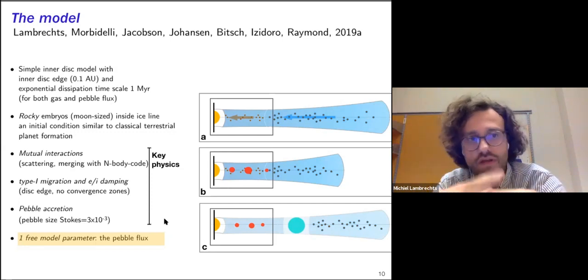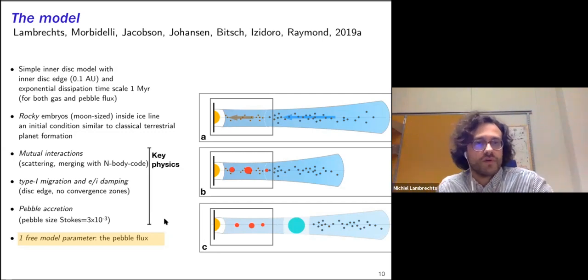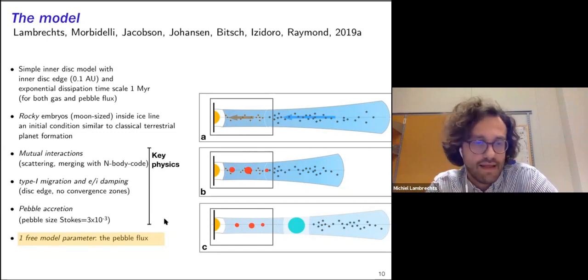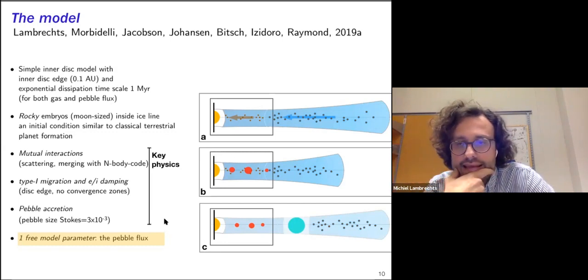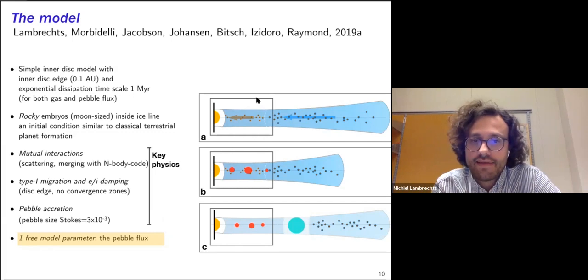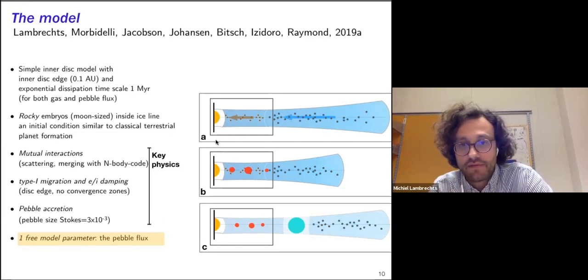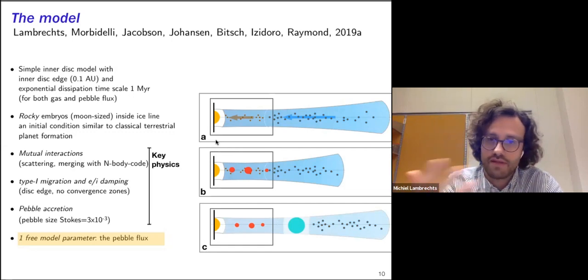We do this in a relatively simplified inner disk model with an inner disk edge at 0.1 AU and an exponential damping timescale of 1 million years, for both the gas and the pebble disk. But we keep one parameter free, and that is the amount of pebbles that enters this terrestrial region. So the pebble flux is the free parameter. You can think of many reasons why the pebble flux would be different between different systems.